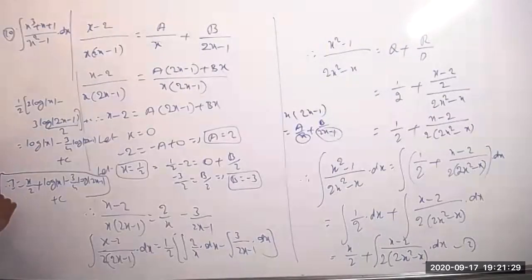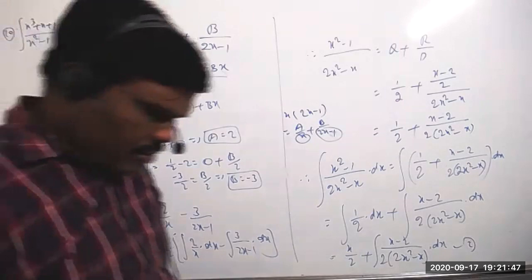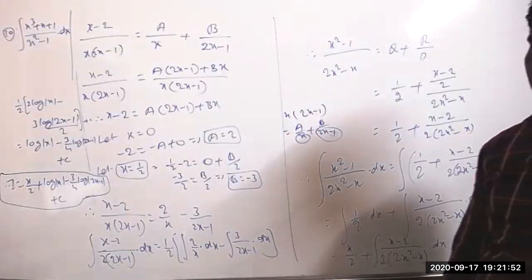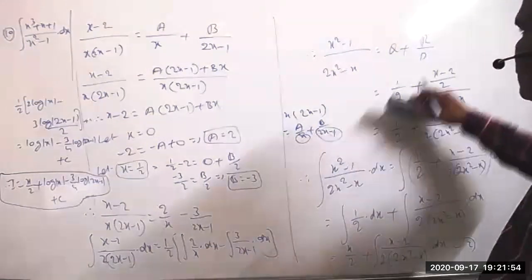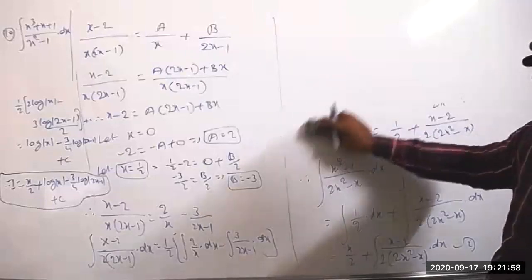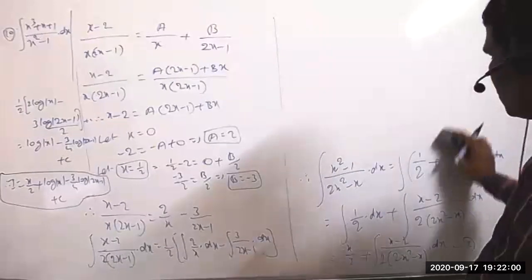This is the final answer for that. Now try this question. Integration of x cube plus x plus 1 by x square minus 1 into dx. Here also the same.